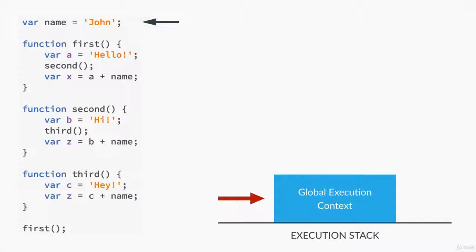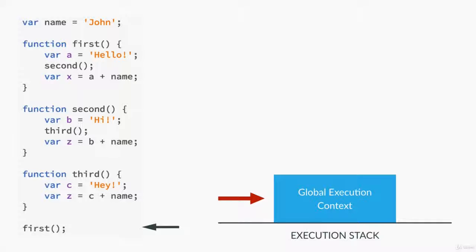We will see how exactly that works in the next lecture. Next up, this function declaration is also in a global context. So we're still here in the same execution context. And the same about the second and the third function. And this is where the fun begins, because here is where we call the very first function.